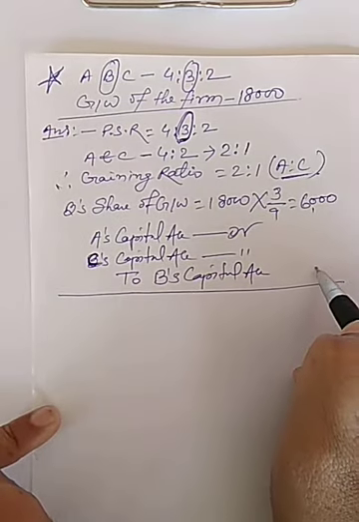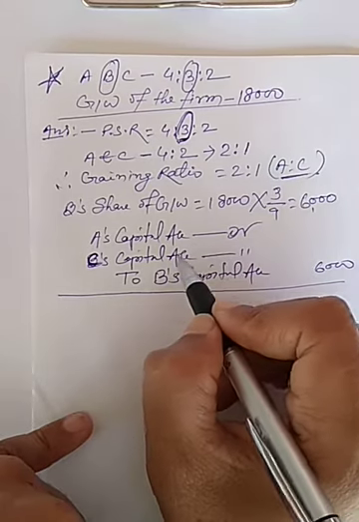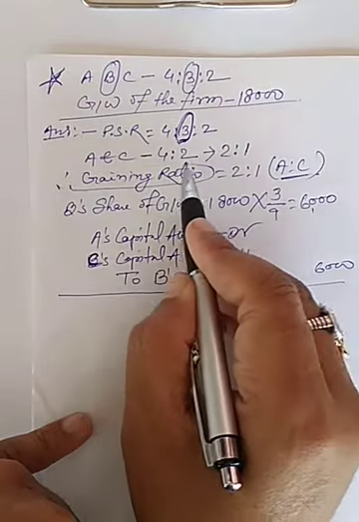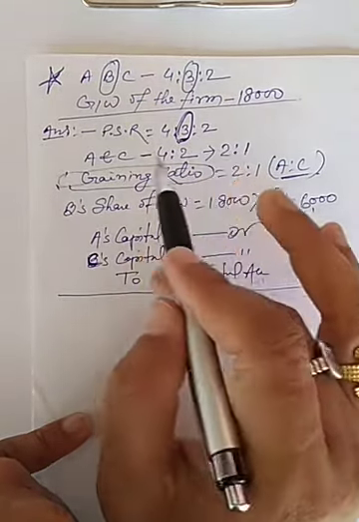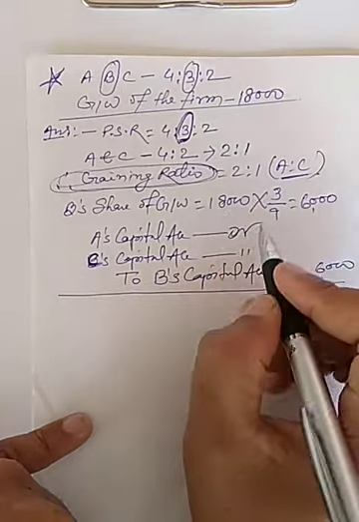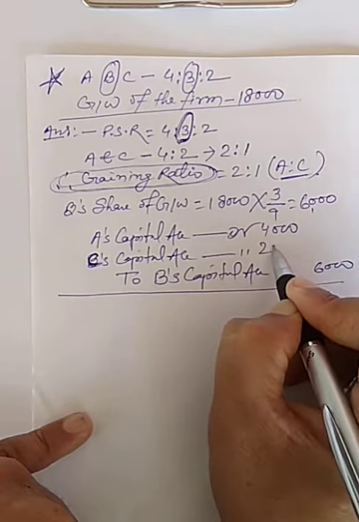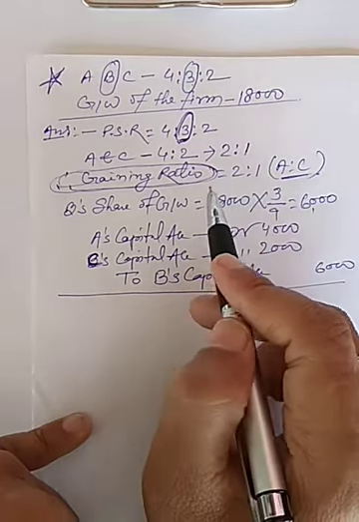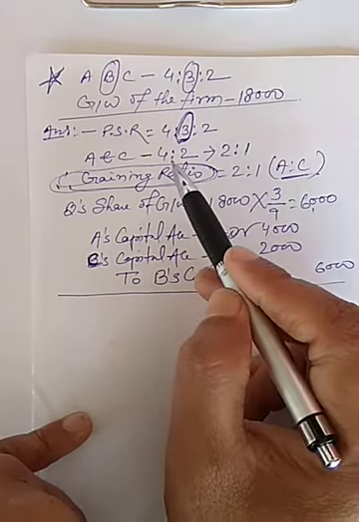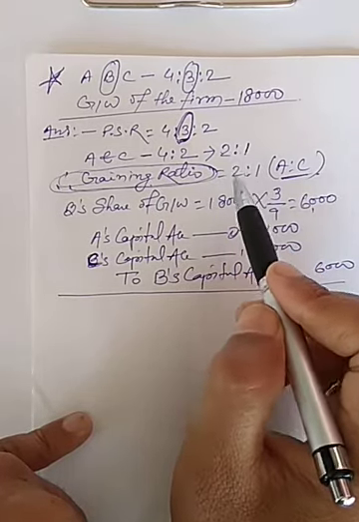The amount will be 6,000, and 6,000 will be shared by A and C in their gaining ratio, not in old ratio or new ratio. It will always be shared in gaining ratio. Therefore, it will be 4,000 and 2,000. In this question, new ratio and gaining ratio are both the same.